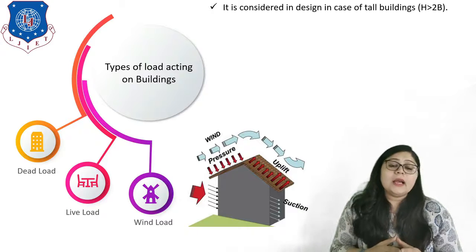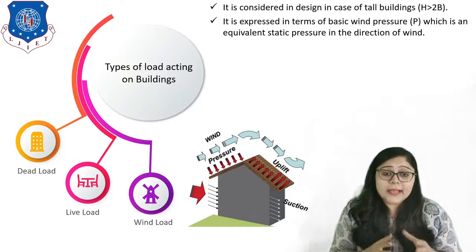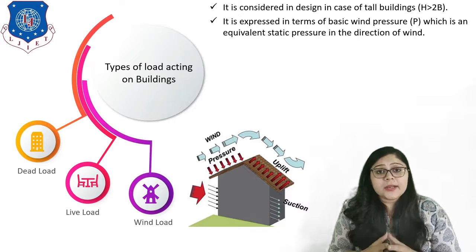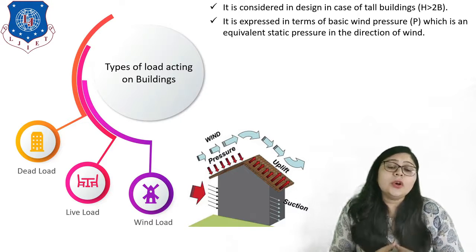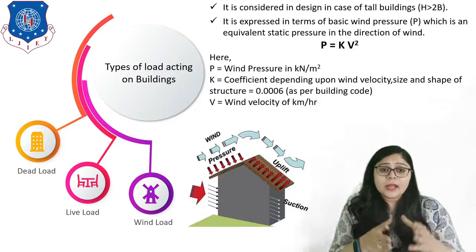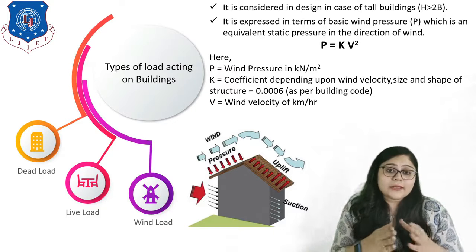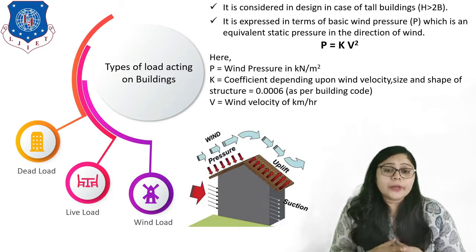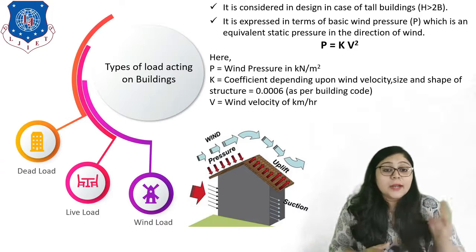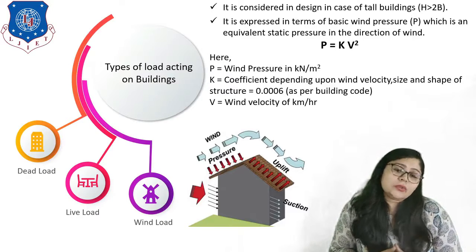Now here you can see how wind pressure acts on any building. Generally it is expressed in terms of basic wind pressure, which is an equivalent static pressure in the direction of wind. If I have to calculate it, then P = kV², where P is the wind pressure in kilonewton per meter square and k is the coefficient depending upon wind velocity, size and shape of the structure.